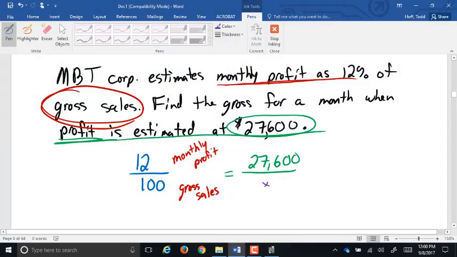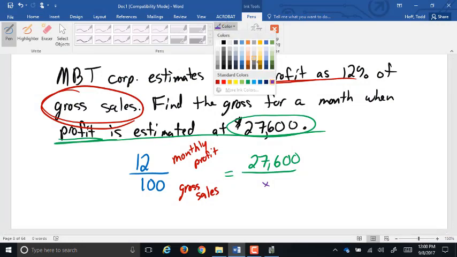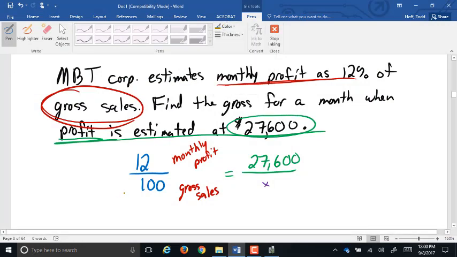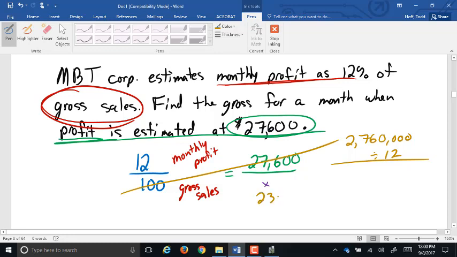So we will do our cross multiplying to find that, whether you cross multiply and solve or cross multiply and divide. 100 times 27,600 is 2,760,000. We will end up dividing by the 12, which will be 23 million or 2.3 million.